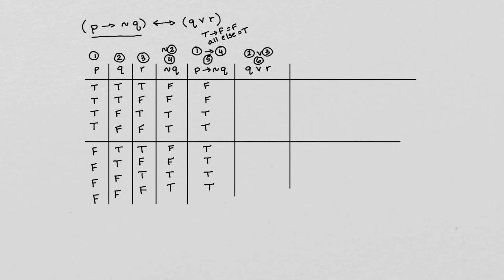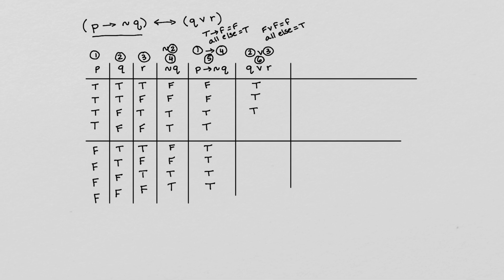And we're working with or, so we know false or false is false, all else is true. So let's see. We have true and true. That's going to be true, true and false, false and true. And then finally we get a false and a false, and that is false.